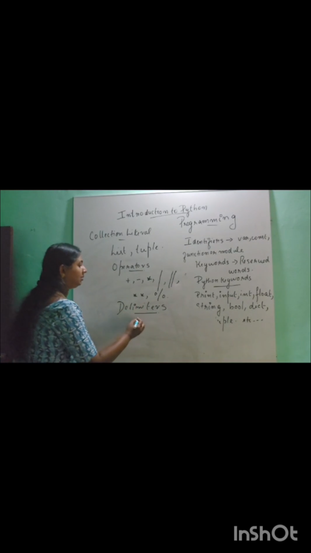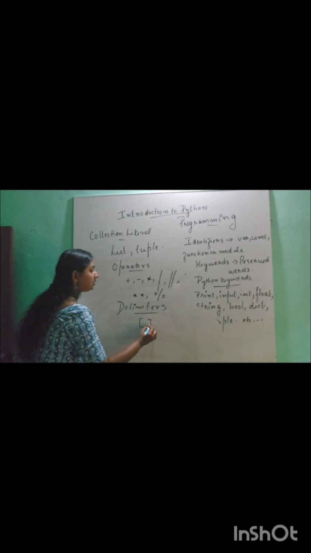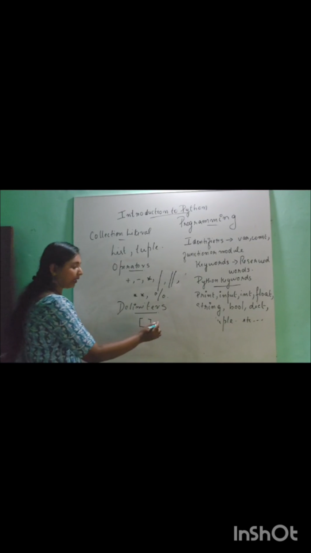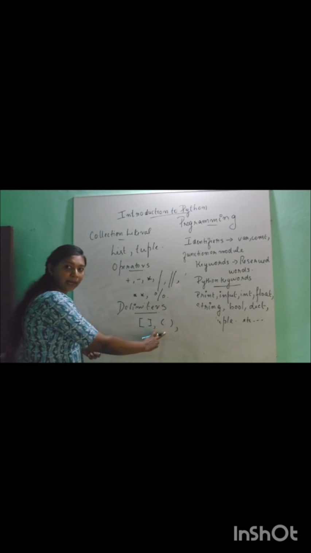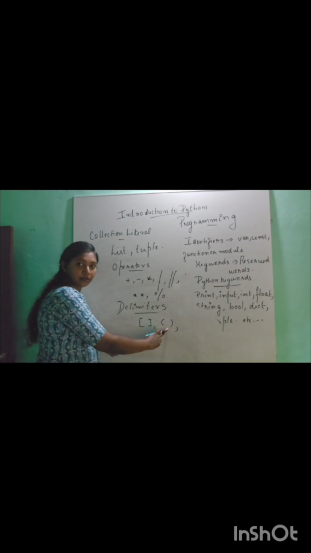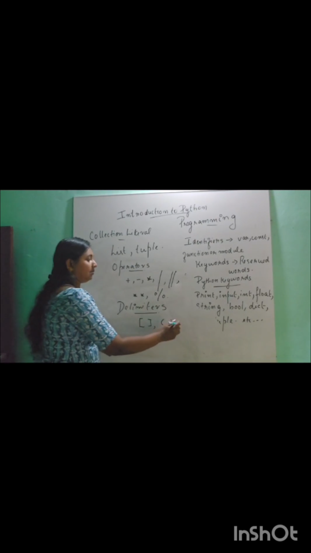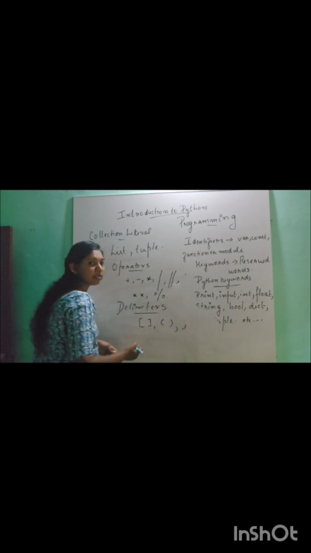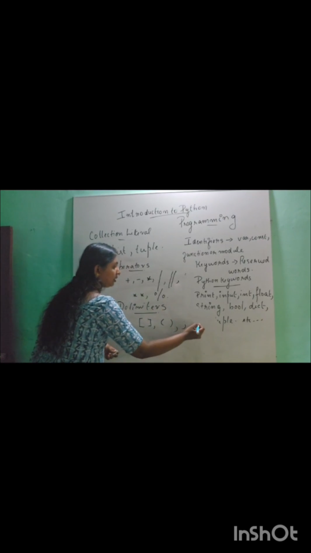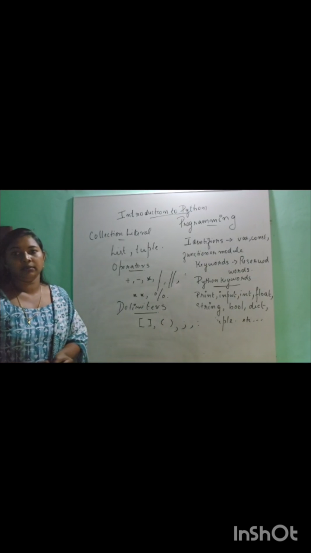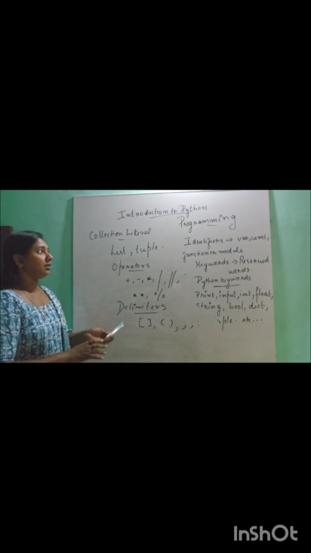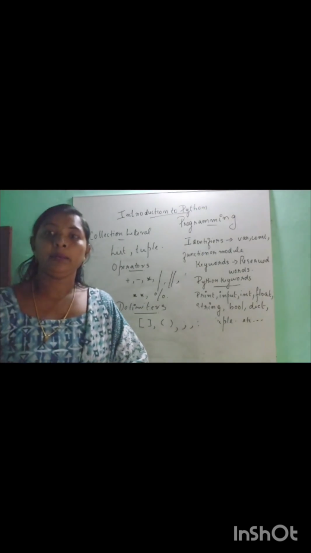For example, delimiters can be the square bracket, and the function bracket or parenthesis. You can also use semicolon as a delimiter. Then colon can also be used as a delimiter. So these are the Python tokens.